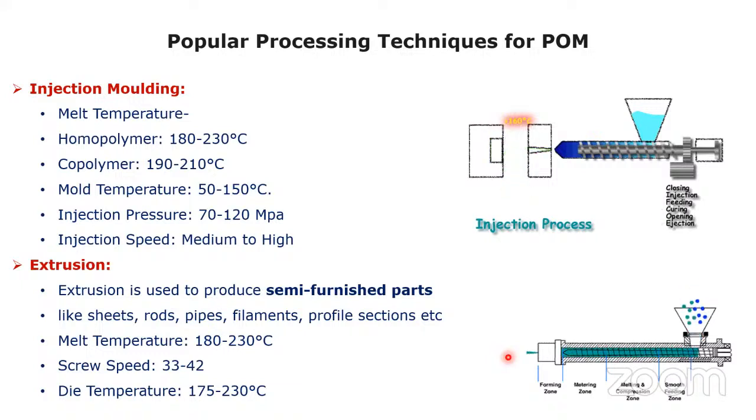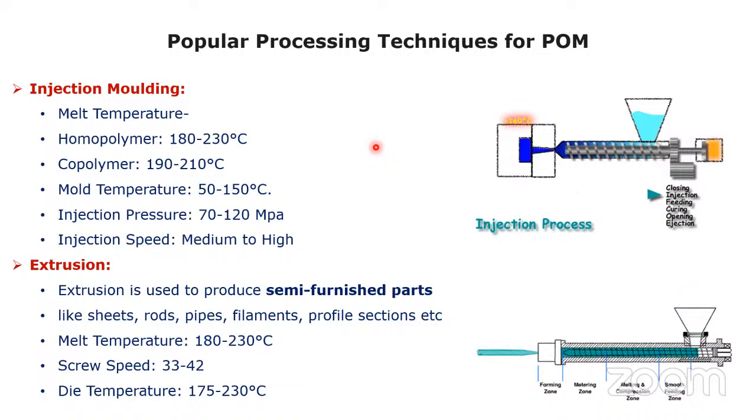So I can't use it in blow molding? See, if you observe the properties, it has high mechanical strength. But if you look at the flexibility, polyoxymethylene polymer has a hard nature.